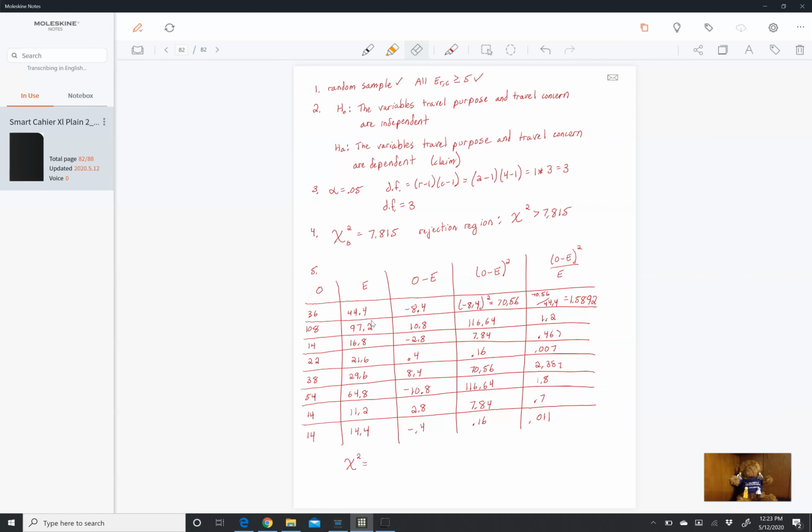Now we add it. So we add that last column because we're talking about a sum. If we add this all together, we get 8.1582. Okay, so now we're ready for our conclusion.